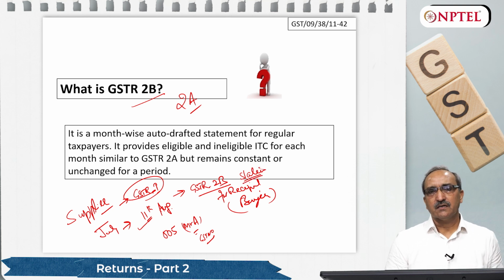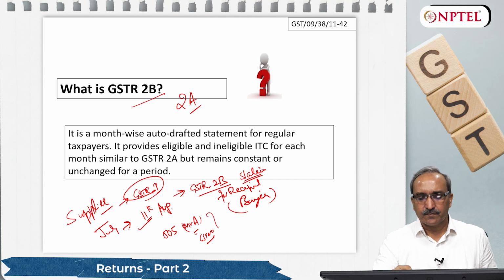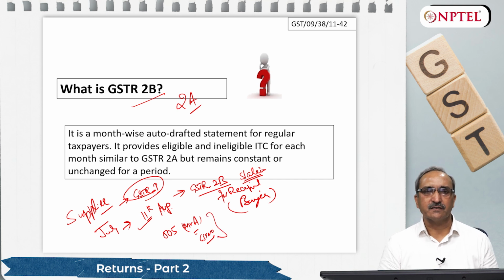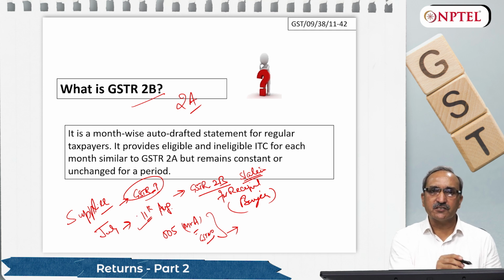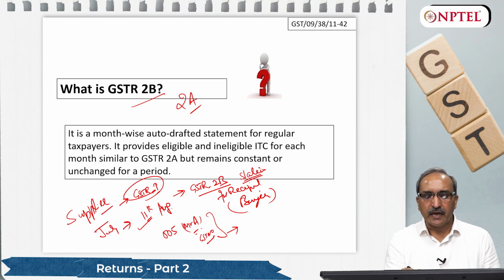So it means if Mr. A, who is also a GST person, has procured goods during July from different vendors, all vendors of Mr. A will submit their GSTR 1 by 11th of August, giving all such details which I have filled. Mr. A will get all information consolidated in GSTR 2B.